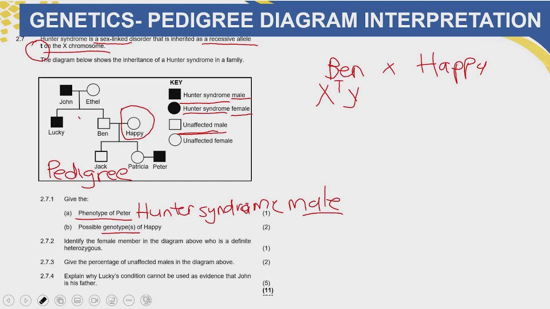So it means that Happy has to be X capital T X capital T, so that whenever she passes on an allele, it must not affect the son, who is Jack. That means that Jack will be getting the X capital T from the mother and the Y from the father. So that is the possible genotype of Happy.